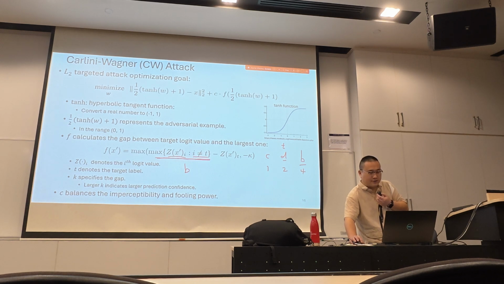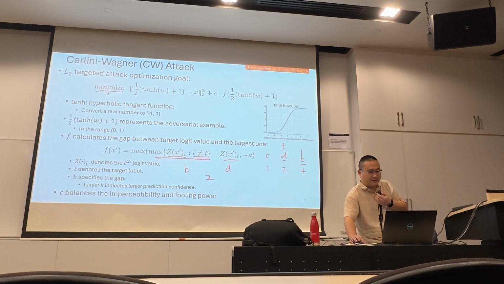Then we calculate the difference between the largest logit and our target logit. The target logit at the beginning is the logit of dog, and the initial value can be 2. Because this is a positive value, the model will not predict our target label, because our target label is not the largest one. Therefore, we want to minimize this.